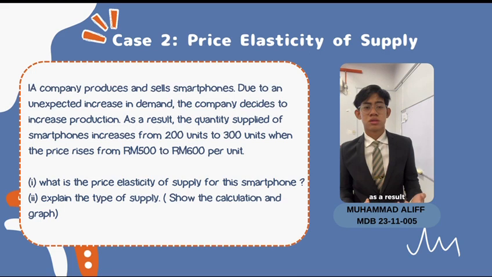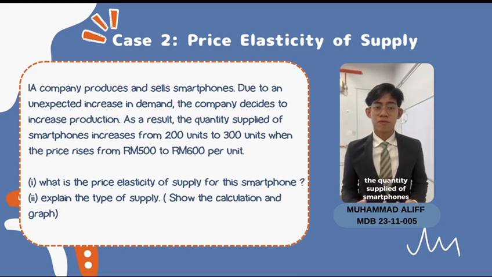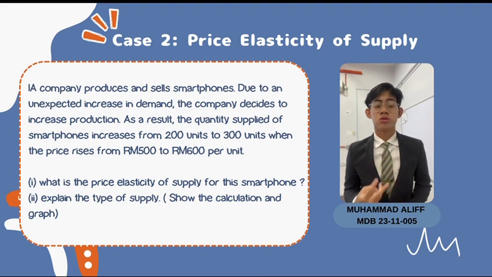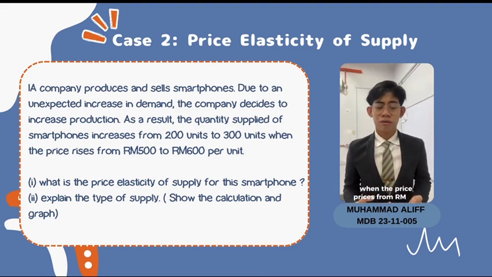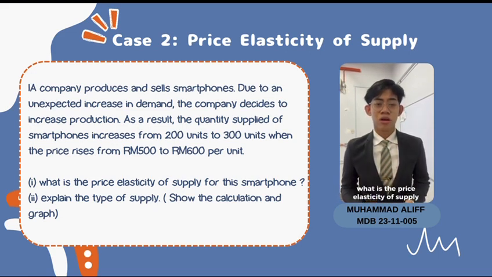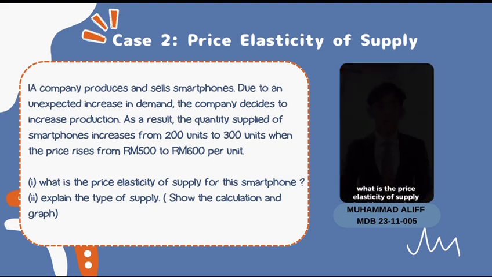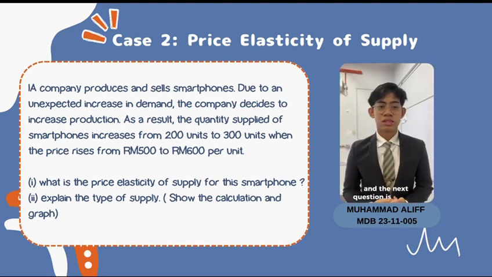As a result, the quantity supplied of smartphones increases from 200 units to 300 units when the price rises from RM500 to RM600 per unit. So the question is, what is the price elasticity of supply for this smartphone? And the next question is, explain the type of supply, and show the calculation and graph.